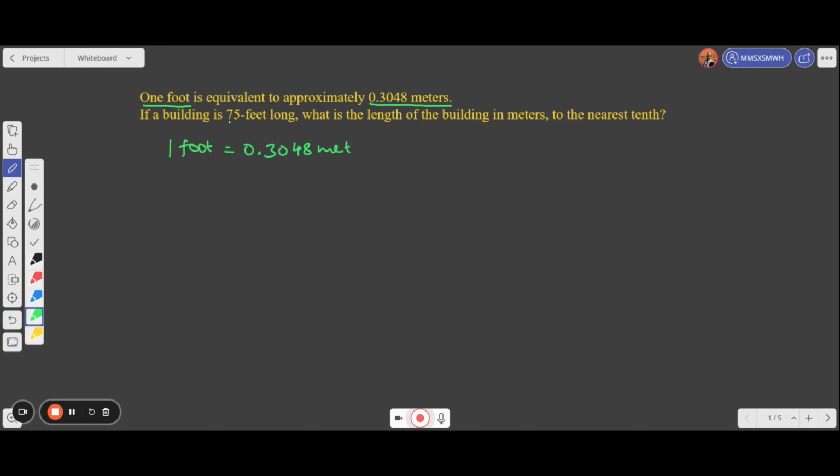Well, if a building is 75 feet long, so let me write that here. And please notice that I'm taking foot here and feet here. That means they are of the same kind. And on the other side, the question is how many meters?